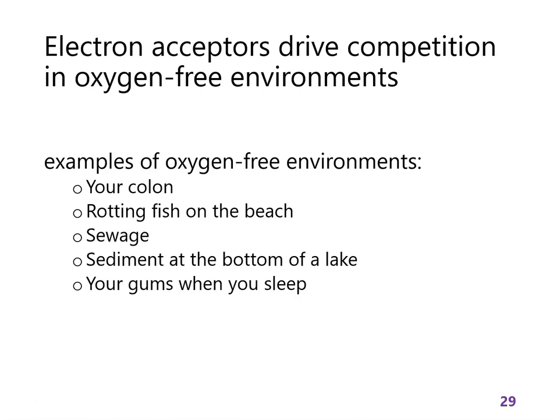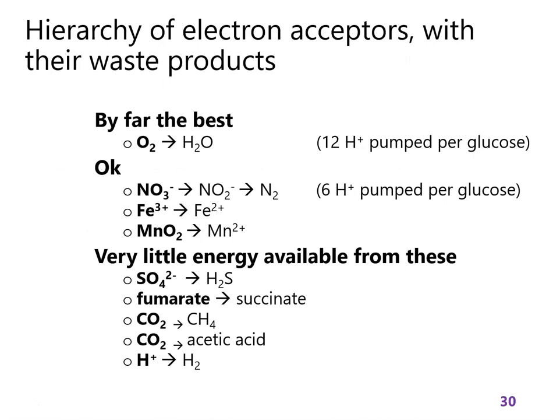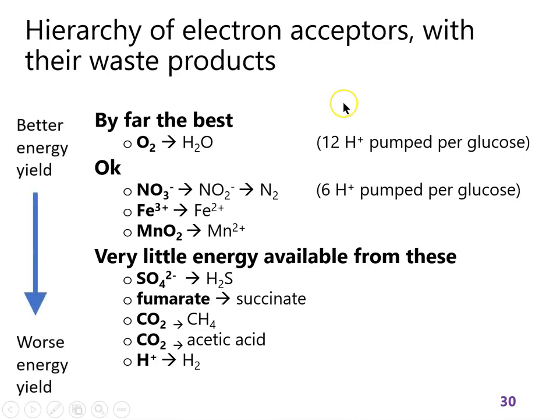Like I've said, this is redundant, sorry. This is the hierarchy of electron acceptors. So this would be what someone like me could use to predict which electron acceptors would be used in what order. So in general, oxygen is going to be the best, and an aerobic respirer is going to reduce oxygen, and the waste product will be water.